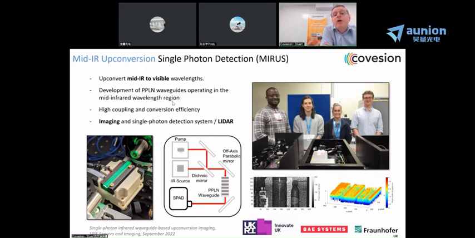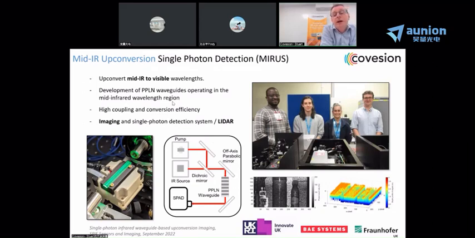Images on the bottom right, so the grayscale image shows you an upconverted image where we had test objects in the lab illuminated by a mid-IR source, and then the output of the SPAD showing you the generated image. And then the color image next door to that is actually time of flight information. So by pulsing the illuminating light and gating the detection, we can perform time of flight measurements and get range information.